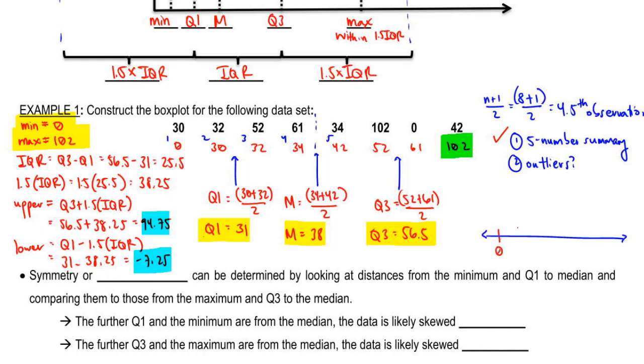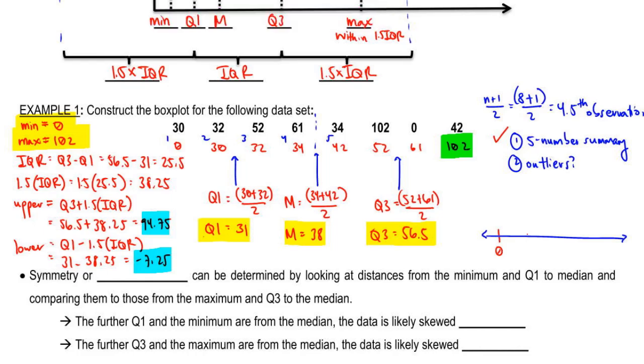Right? What's our next number? So if you want, you can refer to these numbers up here. Right? So these are just here to kind of help you out if you need them. So our first number was the minimum, and then our second number should be Q1. What was our Q1? Q1 was 31.